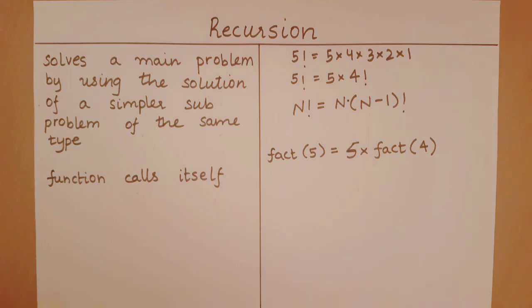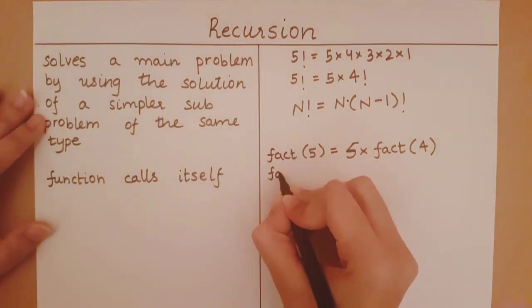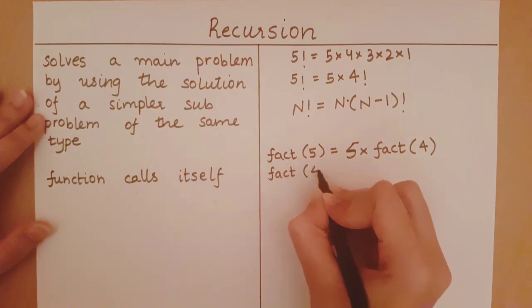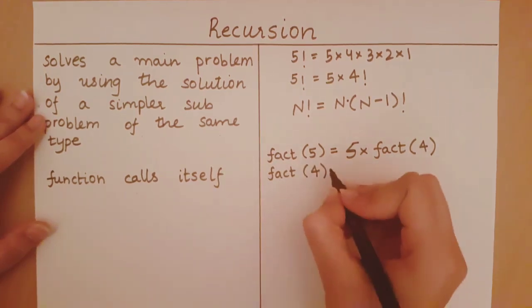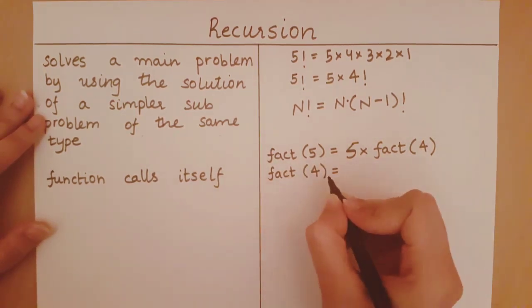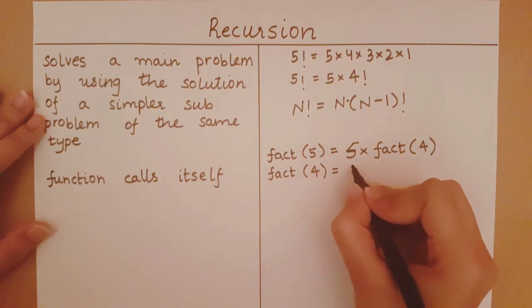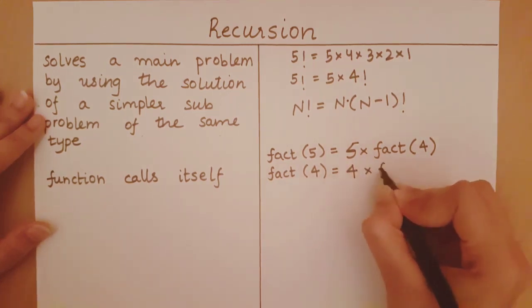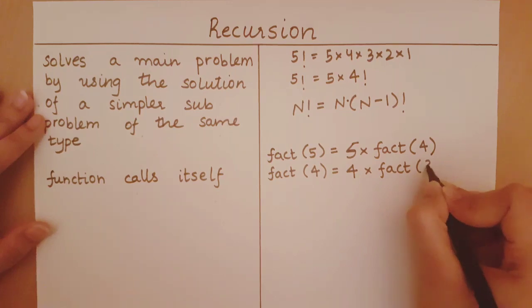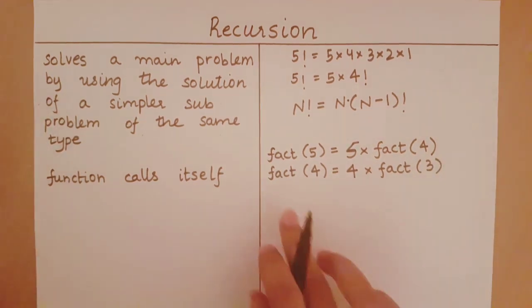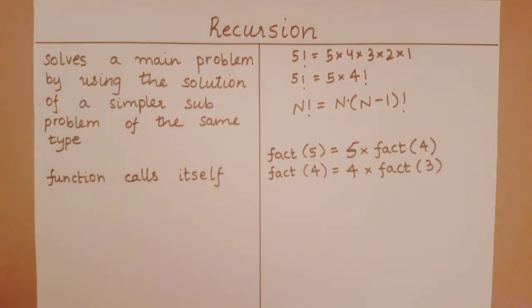So now, when we say we need to find factorial of 4, the function will run again, this time for 4, and it will say factorial of 4, as you might have guessed by now, is 4 into factorial of 3. Once again, within the function itself, the function is going to call itself.